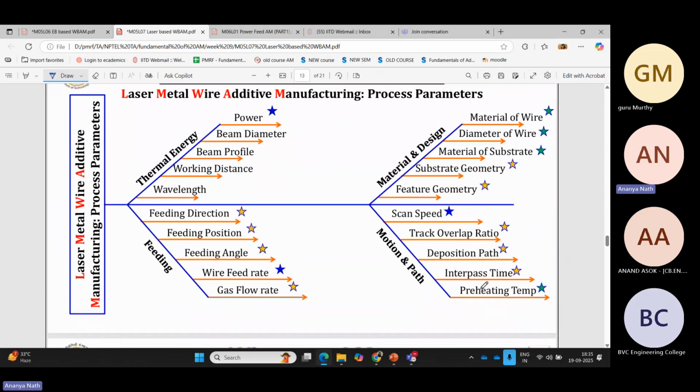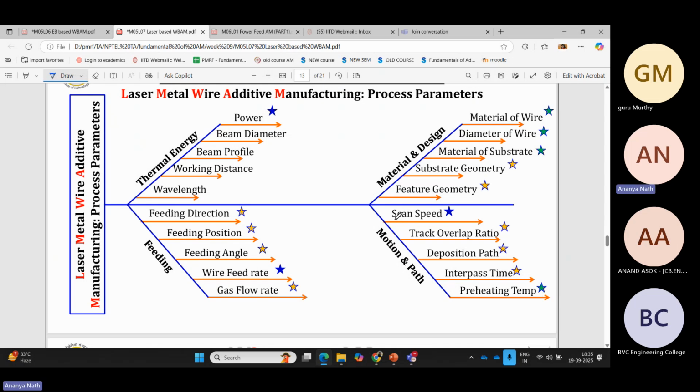So this is the most important slide according to me: what are the main process parameters for this laser metal wire AM process or laser wire DED process?